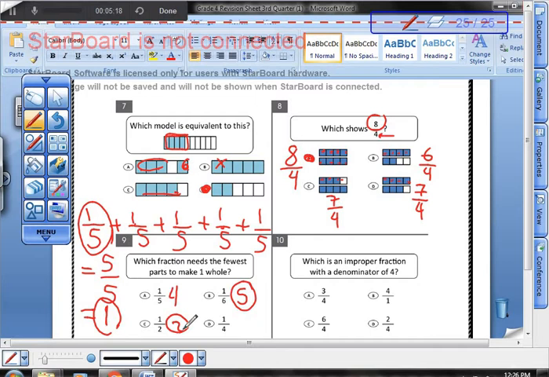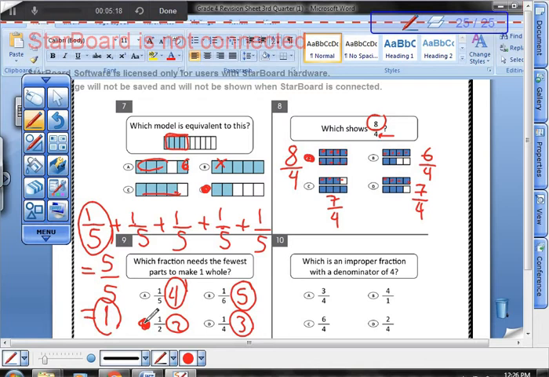And 1 out of 4, I need 3 more to make 4 out of 4. So here: 4 more parts, 5 more parts, 1 more part, 3 more parts. Which one is the fewest number? Of course, the 1 out of 2. So this is the answer.